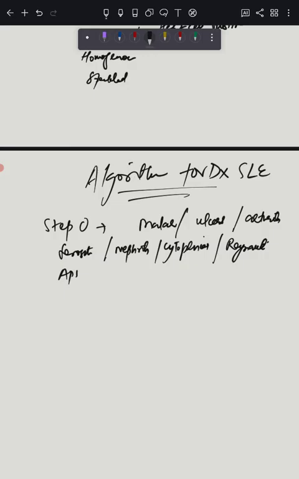So the first test that you are going to do is ANA by indirect immunofluorescence on HEP2. That is the screening test.